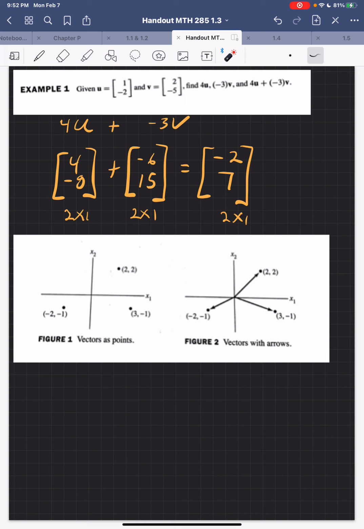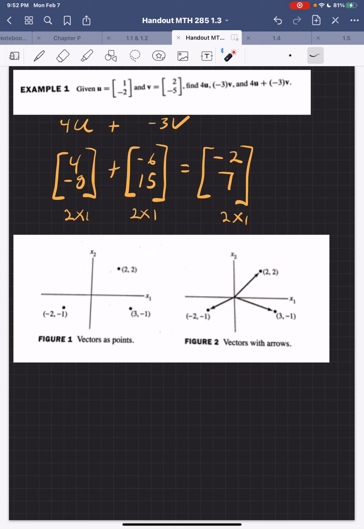But these arrows, although they serve as an aid in interpreting, like it's easy to see the direction of your vector, do not have any significance. So you can write a vector as a directed line segment, or you can write that same vector as just a point.